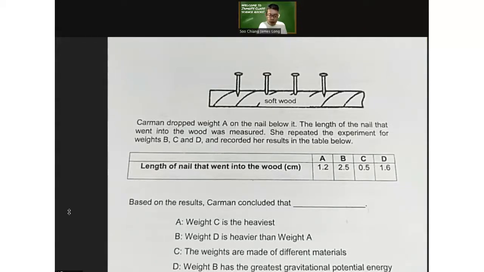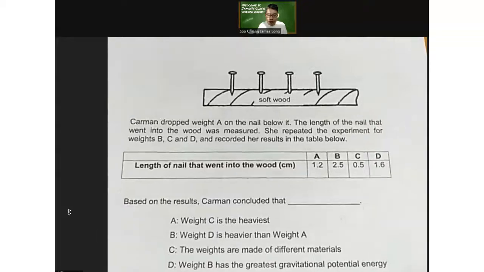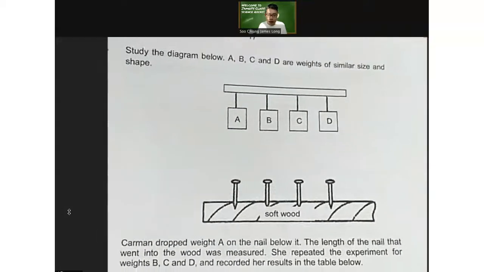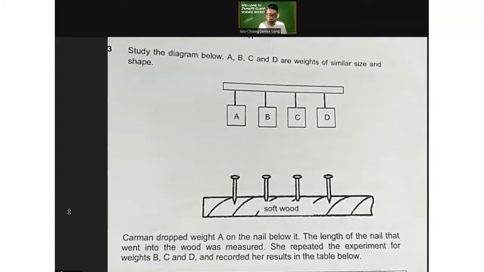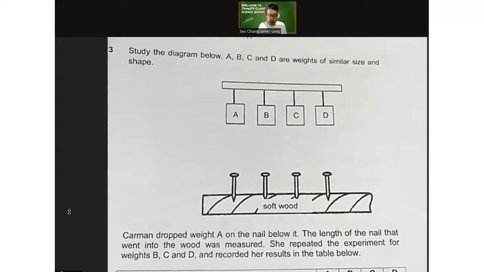Which of these 4 options are correct? It could be a combination of them. I wouldn't show you the part here first, just figure out from this. So there are 4 weights of the same shape and size. But there is no mention whether their mass is the same or not. Right? They said the size is the same and the shape is the same.